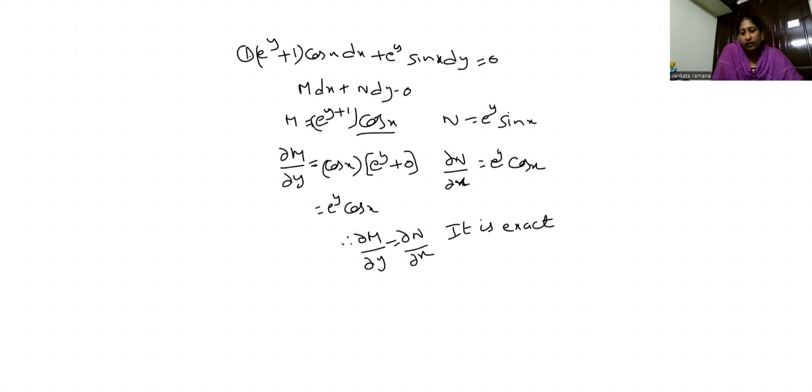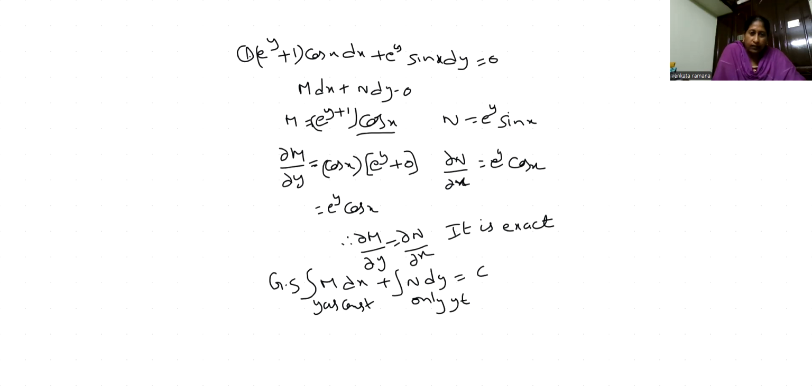The solution is the integral of M dx plus the integral of N dy equal to c. Here in M, we keep y as a constant, and in N, we take only the terms containing y alone, with no x terms.